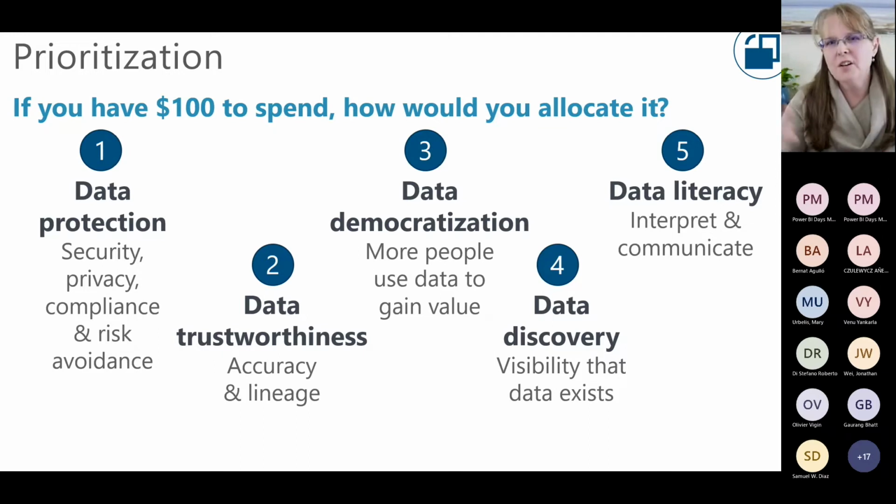If you had $100 to spend, how would you spend it? Because you would look at this page and say, absolutely, they're all important. Are they all equally important? If you say the first one, data protection, is the most important, all right, is that $50?